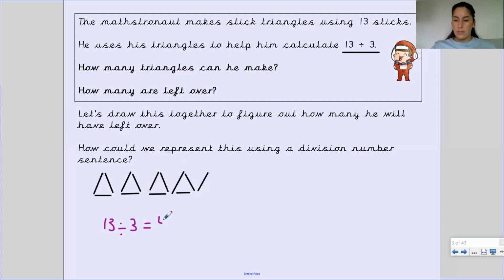So we've made 4 groups of 3, and we had 1 stick remaining. So 13 divided by 3 equals 4 remainder 1, because we had 1 stick remaining that we weren't able to use to make a full triangle with.